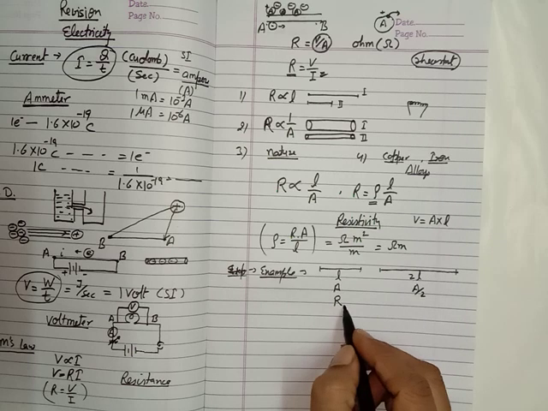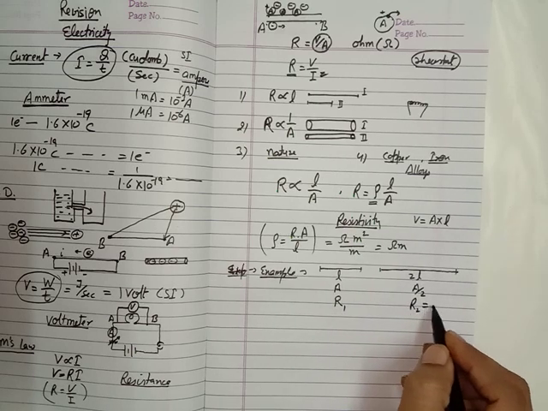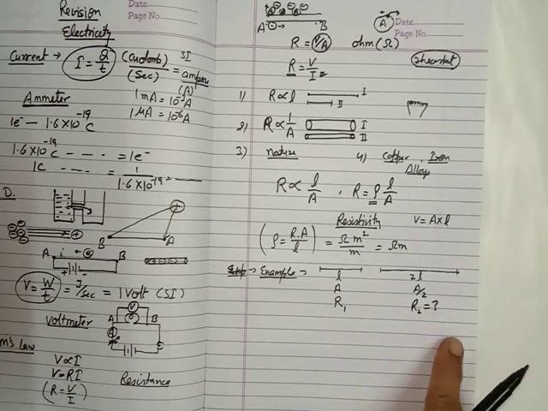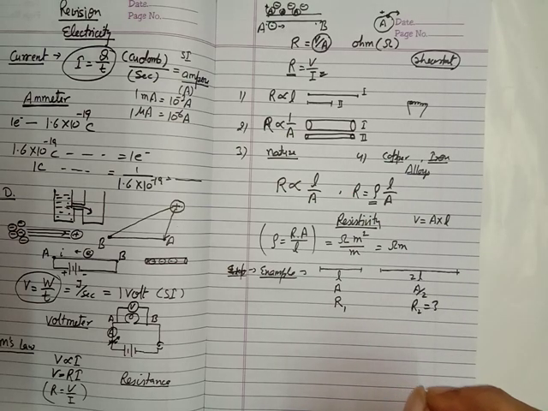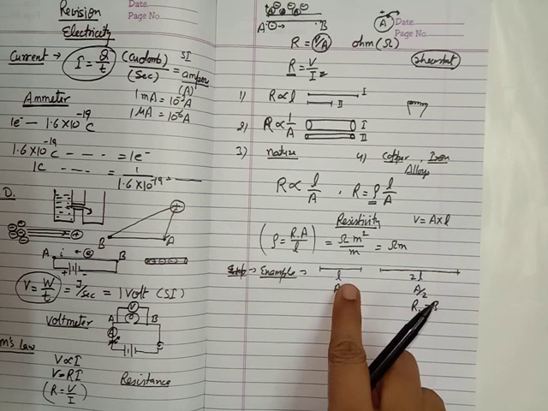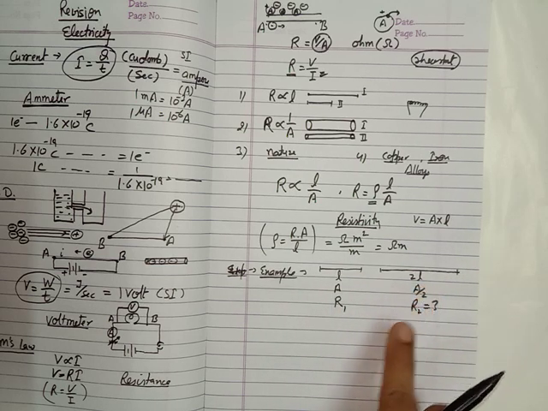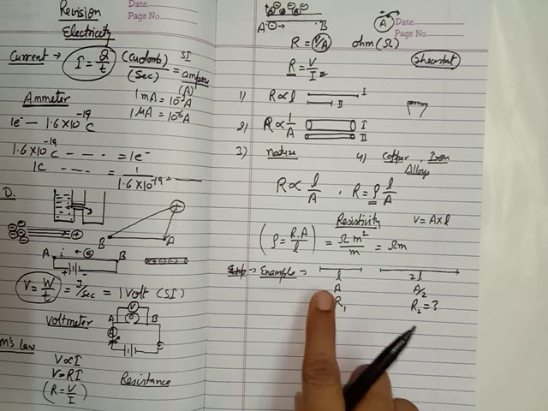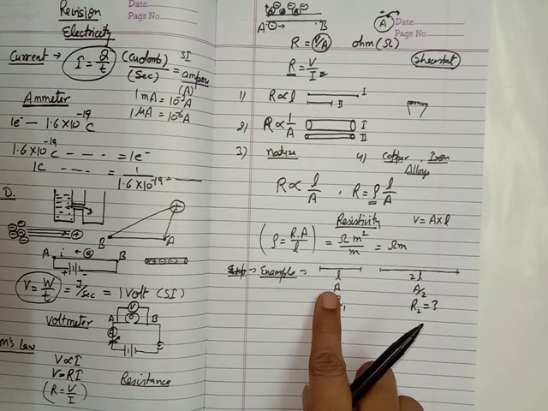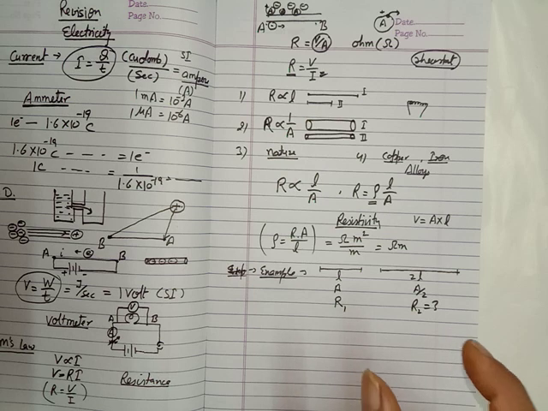Suppose you have to find the resistance of the wire. How can you find it? The most important thing about this material is that the resistivity is not going to change in this case. The resistance will change because we are changing the length and the cross-sectional area. But the property which does not change is the resistivity of the material.